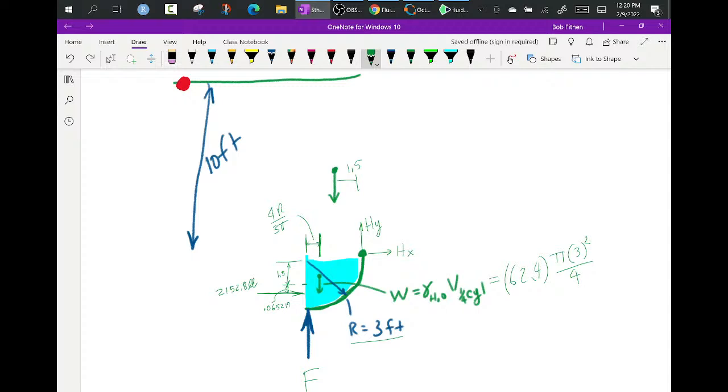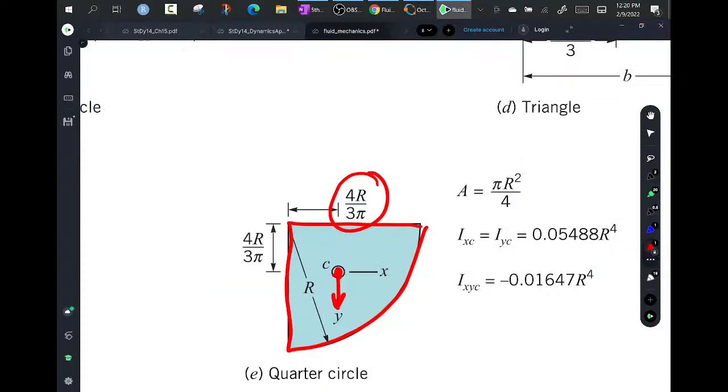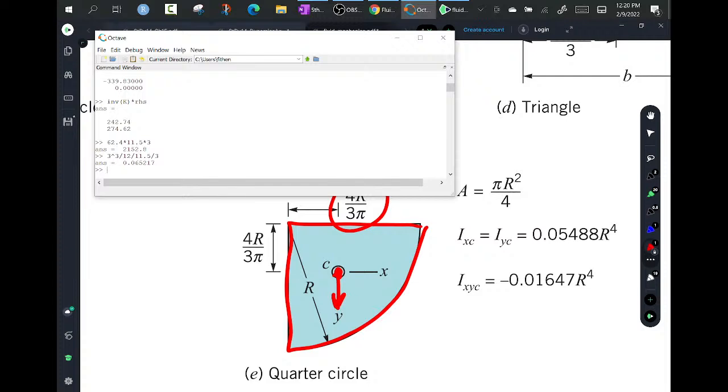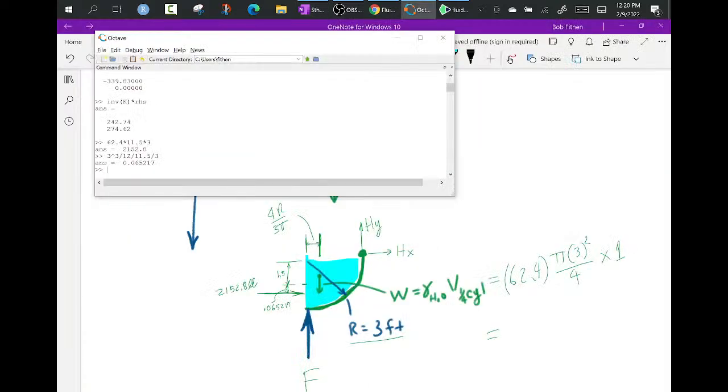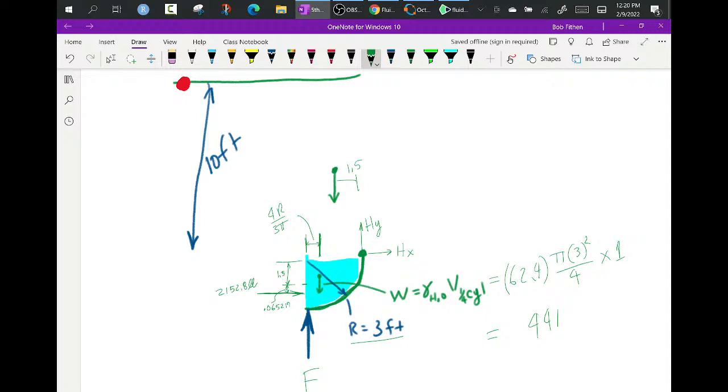That's the volume, times 1, because it's 1 into the board, and that gives you the weight right there. 62.4 times pi times 3 squared divided by 4 gives you 441 pounds. So that's the weight of that.